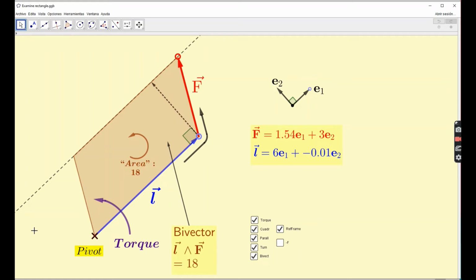So, to answer the student's question here, one thing we have to look at is that if we want to use bivectors to represent torques, then there'd better be a geometric operation corresponding to situations like the following here.